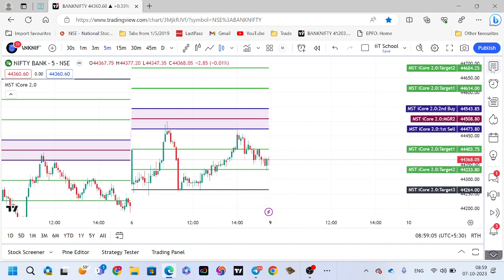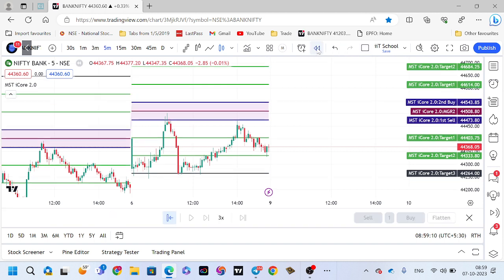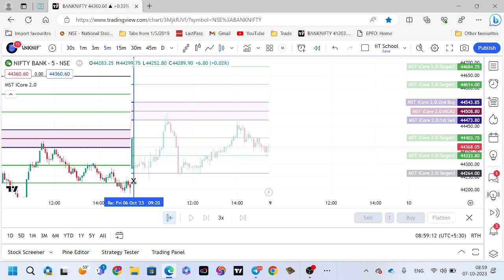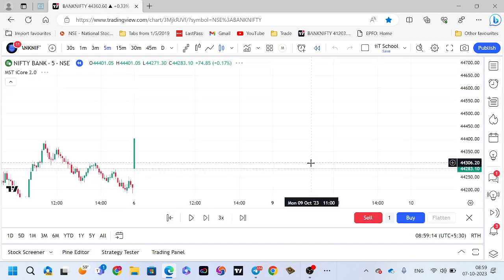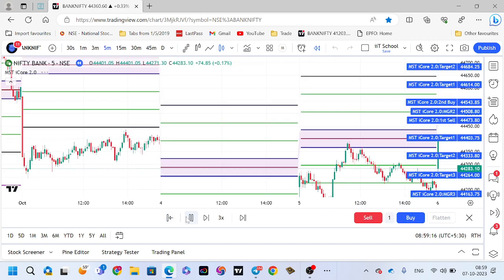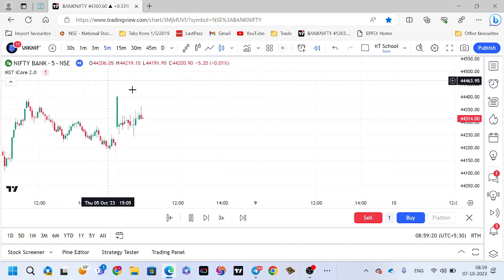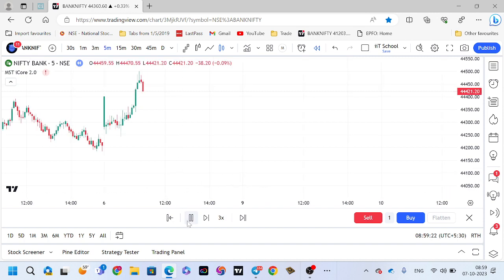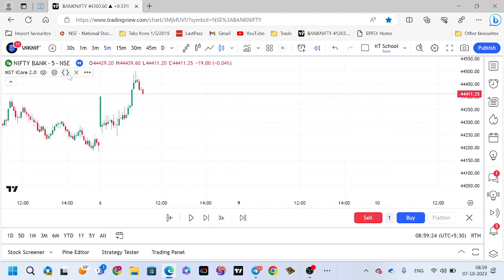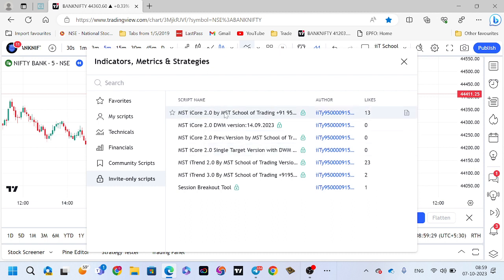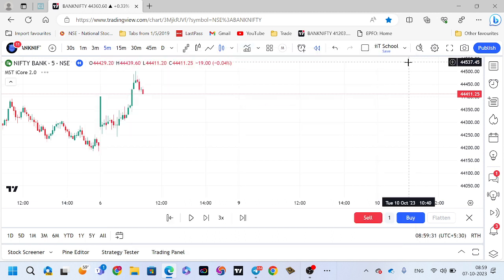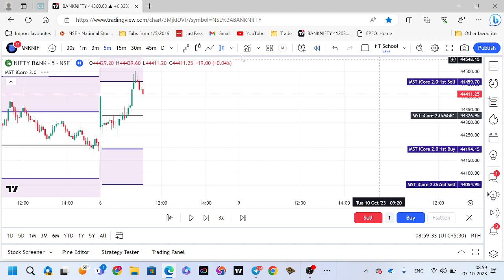If you want me to replay the market, I can replay. Otherwise, you can simply see. I will just replay and show you. One minute, the indicator is not loaded. Once again add it from the indicator invite-only mode.